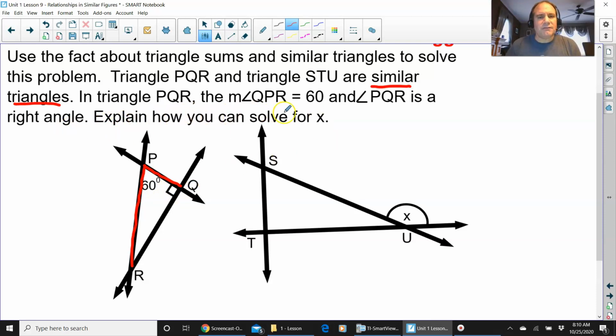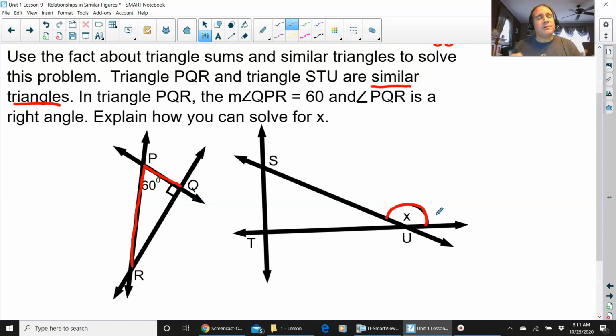Explain how you can solve for x. So right here is your x, that measure. So please go ahead and see if you could do this. Take your time, work through it. Remember, these are similar triangles, similar figures. So that means all corresponding angles must be equal to each other.